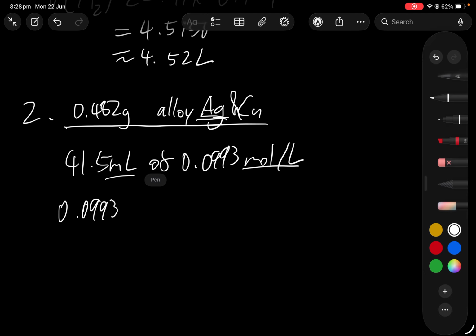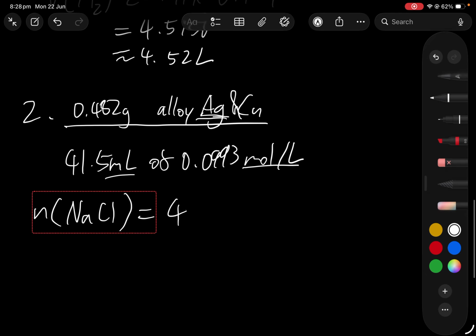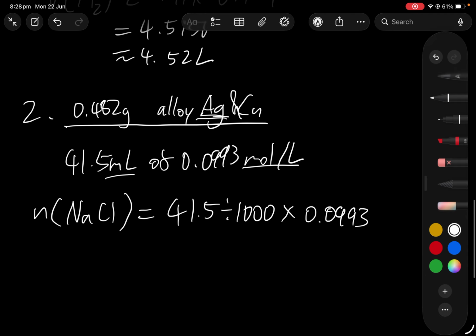That means the number of moles of NaCl equals 41.5 divided by 1,000, because it's in milliliters, times 0.0993.